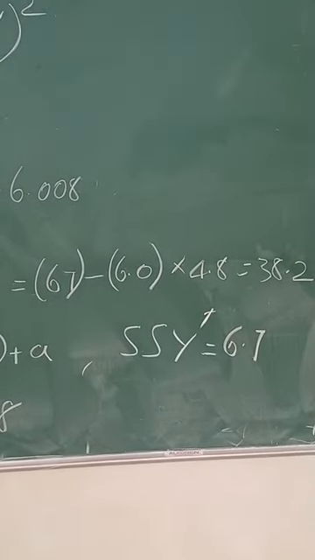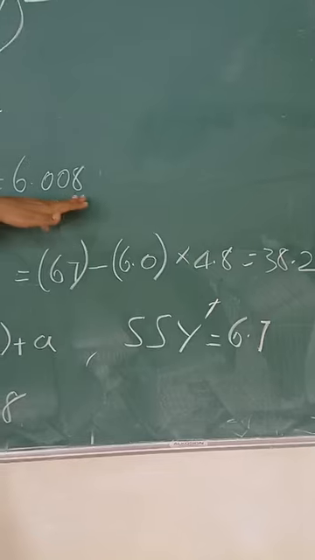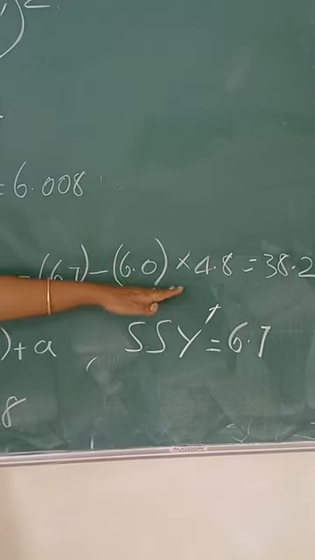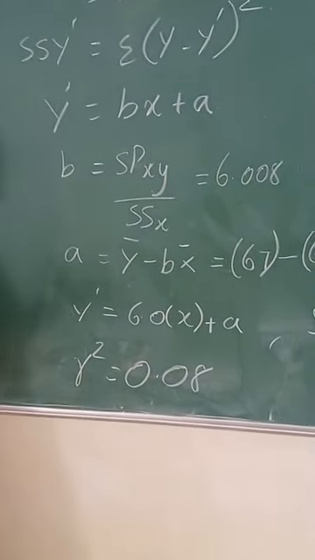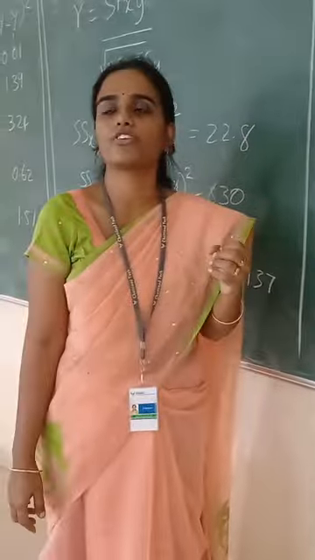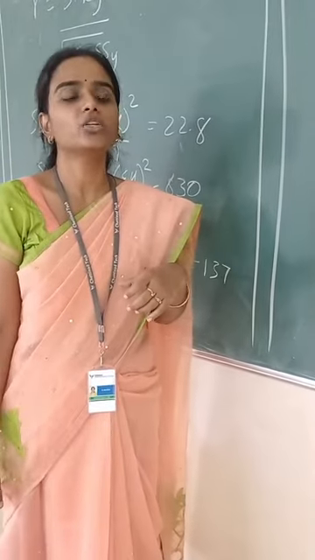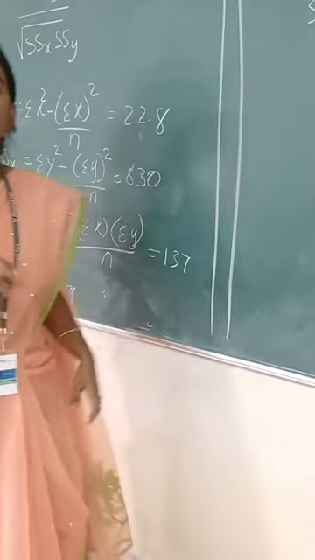For b the value is 6.008. You have to substitute and you will get a value. Usually my students, whenever we say find the mean, if we have 6 or 7 values, tend to take the middle value, and that will create an error.